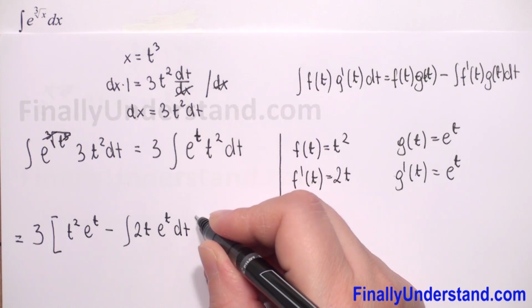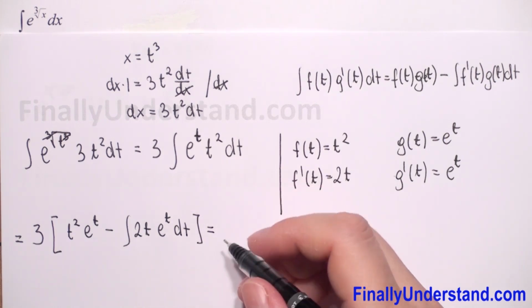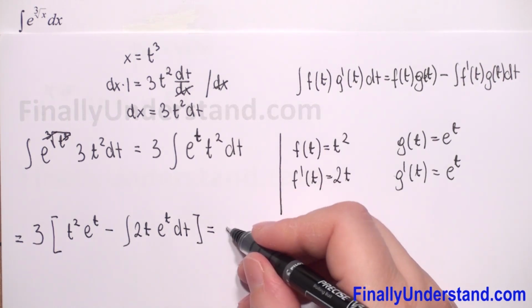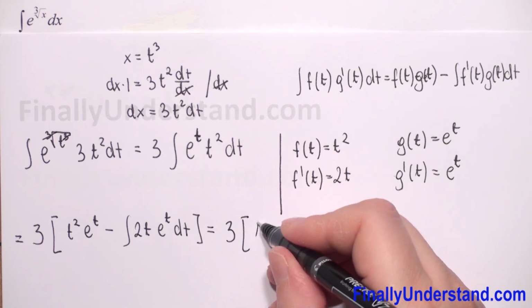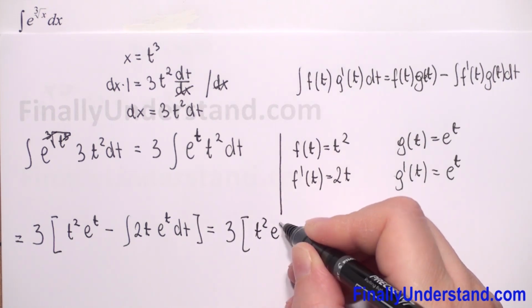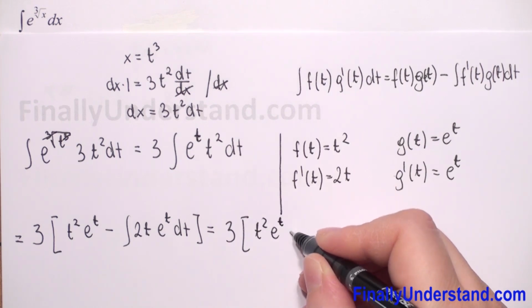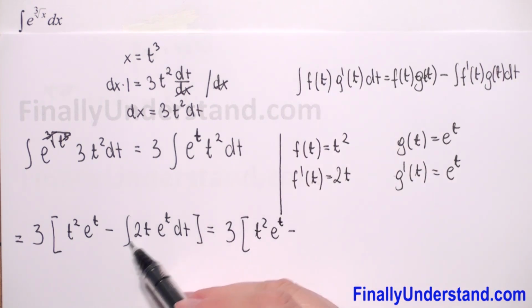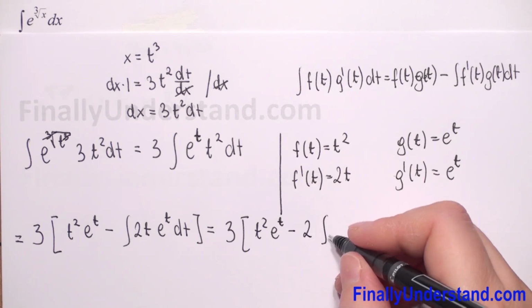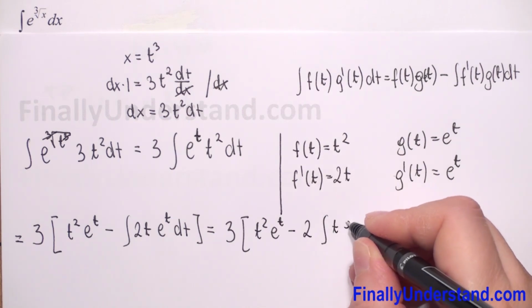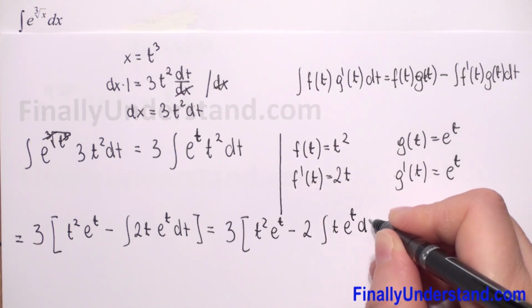So this is equal to, we have to close brackets. We have 3 times t squared e to the power t minus, we have to put the constant before the integral symbol, and we have the integral of t e to the power t dt.